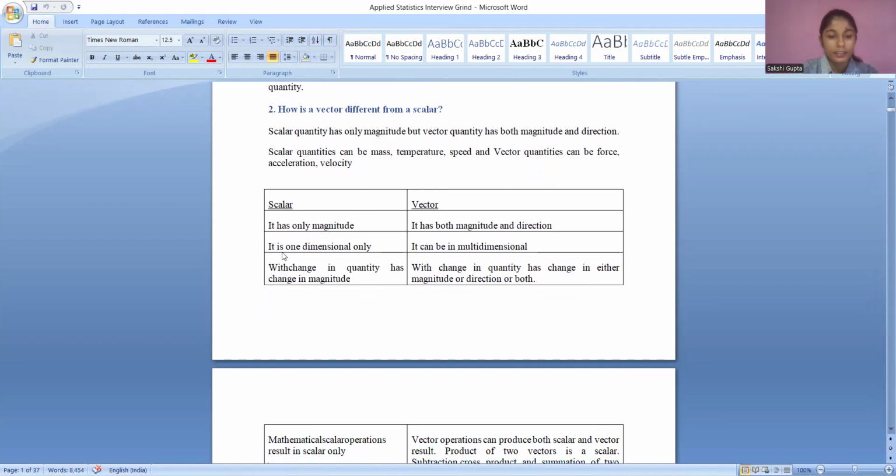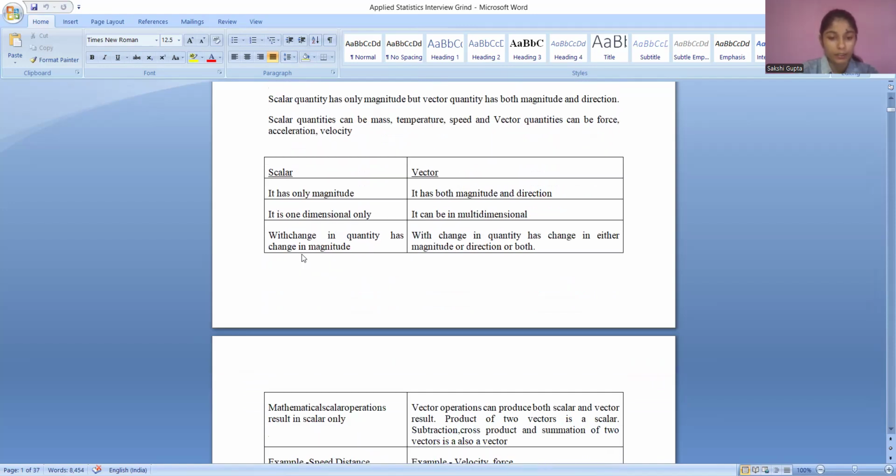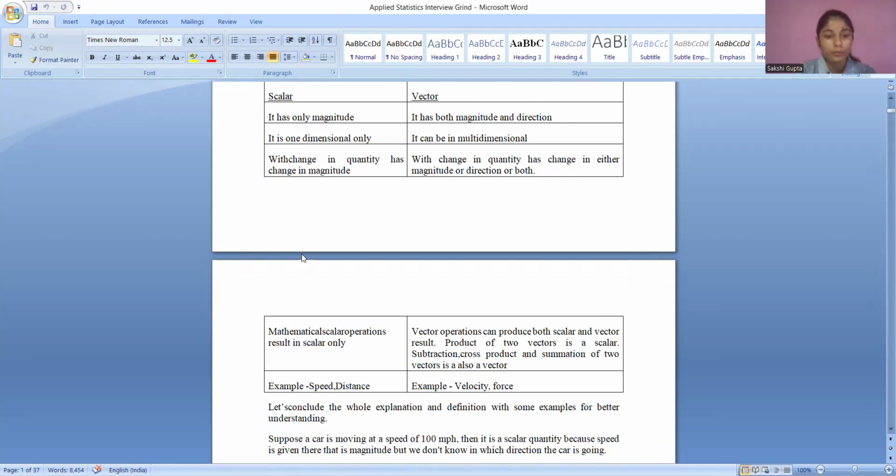A scalar is one-dimensional whereas a vector is multidimensional. In a scalar, a change in quantity means a change in magnitude, whereas in a vector, a change in quantity means a change in either magnitude or direction or both.